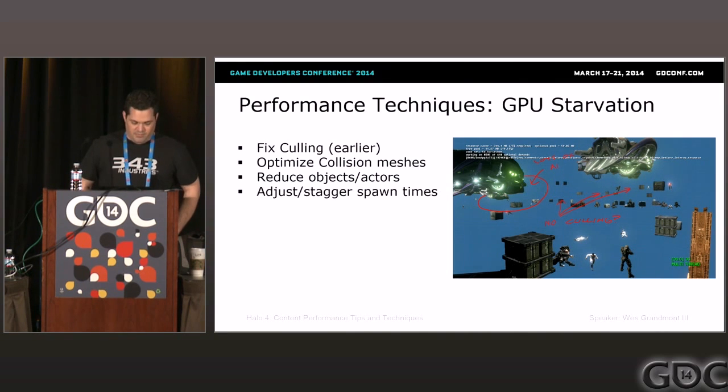We also had times like the one shown here, where we were spawning in way too many dynamic objects and/or AI, and the solution was to talk with the design team, and they would stagger the spawning of objects, which usually wasn't a problem because it was stuff that wasn't really in view anyway, and they hadn't intentionally meant it to spawn in as early as it did. It was just something that happened.